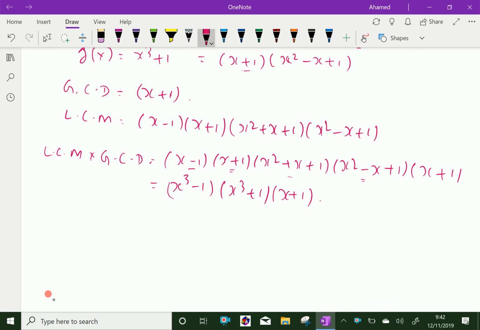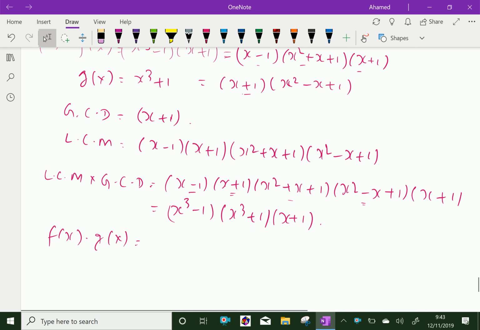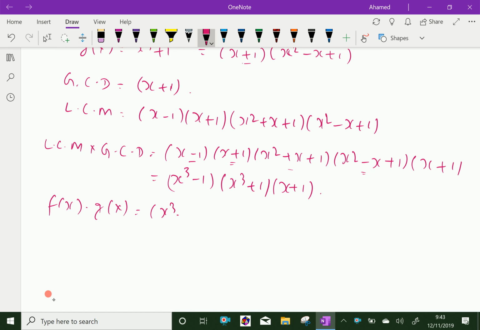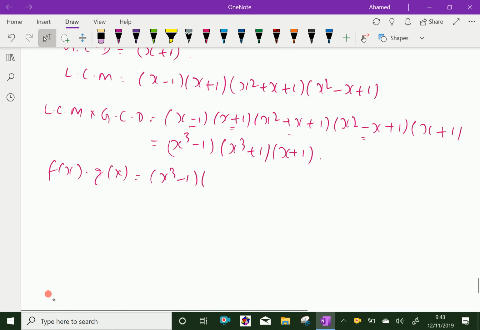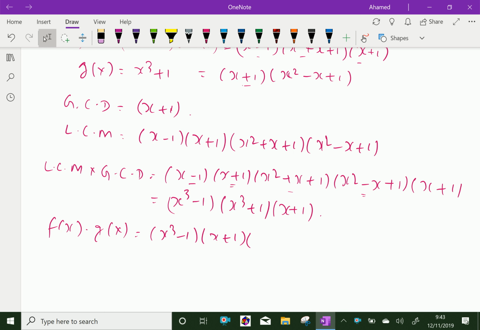Now we'll find f of x into g of x. F of x we have x cube minus 1 into x plus 1, and g of x is x cube plus 1.